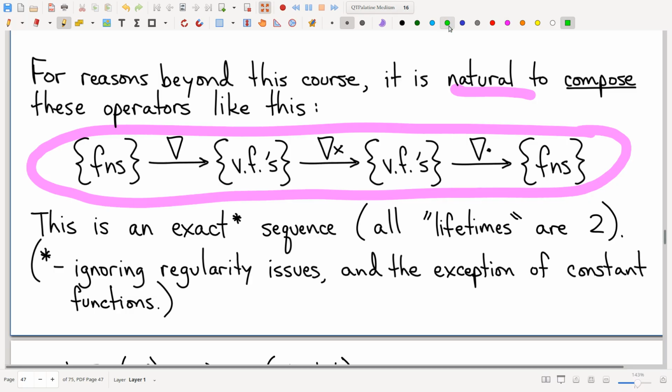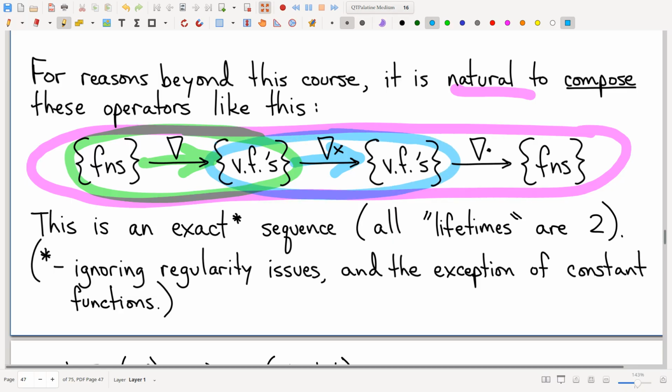So let's talk through what this means. Gradient. What does gradient do? Gradient takes a function and gives you a vector field. That's what gradients do. We talked about that last time. What does curl do? We talked about curl just a minute ago. It takes a vector field and produces another vector field. And what does divergence do? Well, we talked about that last time, and I guess a little bit today. It takes a vector field and produces a scalar valued function. And so you see the Legos fit together, right?